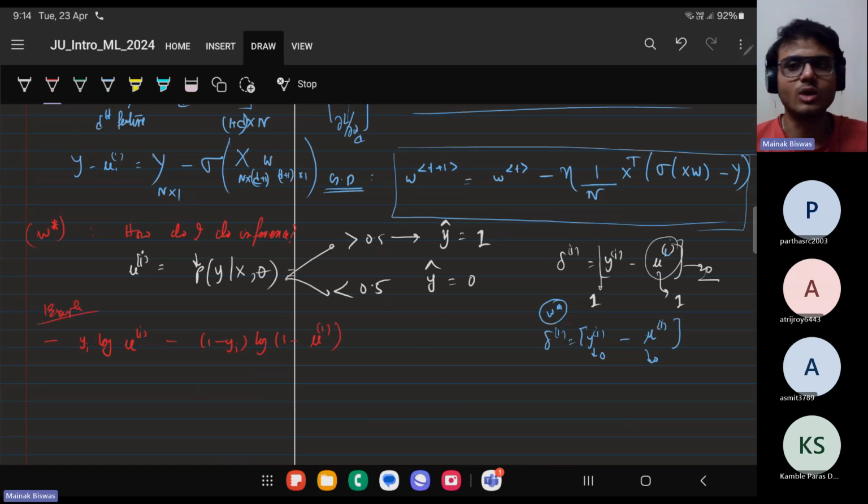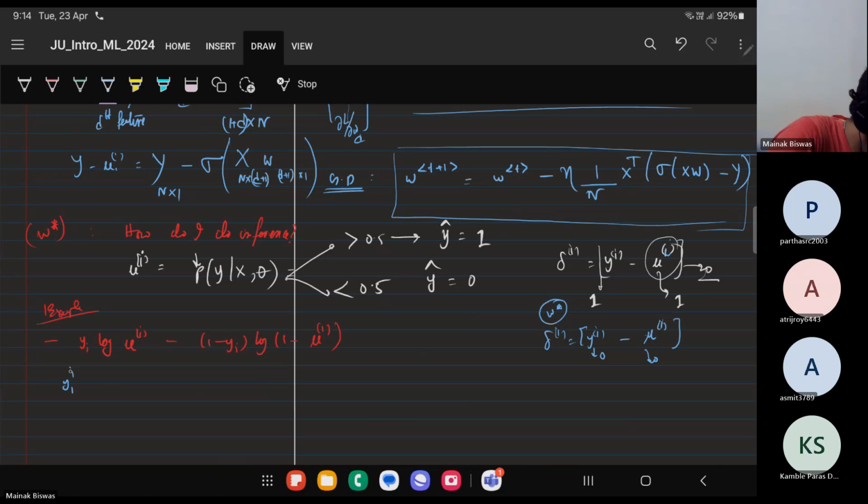My question to you is, what happens when yi is 1? What does the model have to do with this loss? To minimize the loss, what does it have to do?